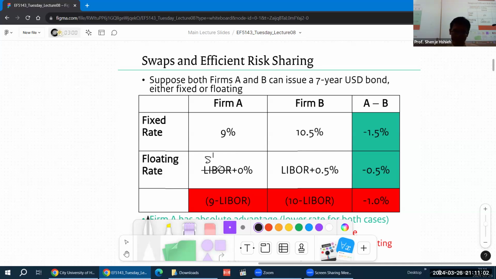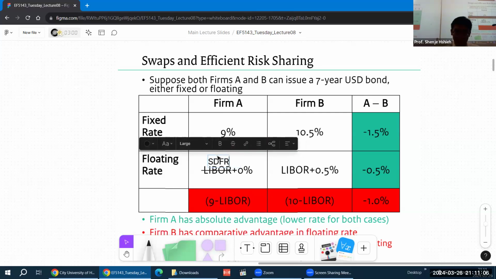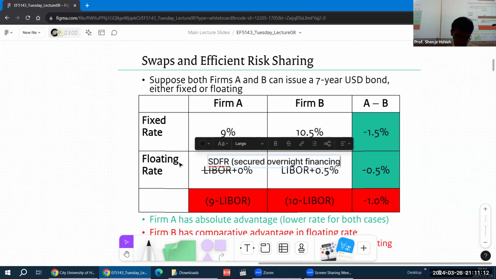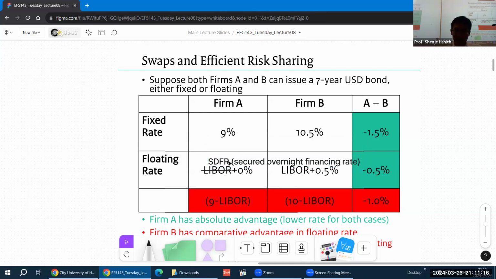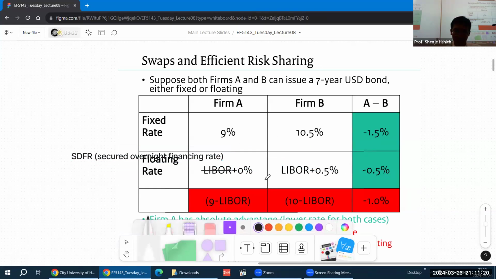Let me just type it out. SOFR stands for secured overnight financing rate. But anyway, some variable rate, and firm B has SOFR plus 0.5%.